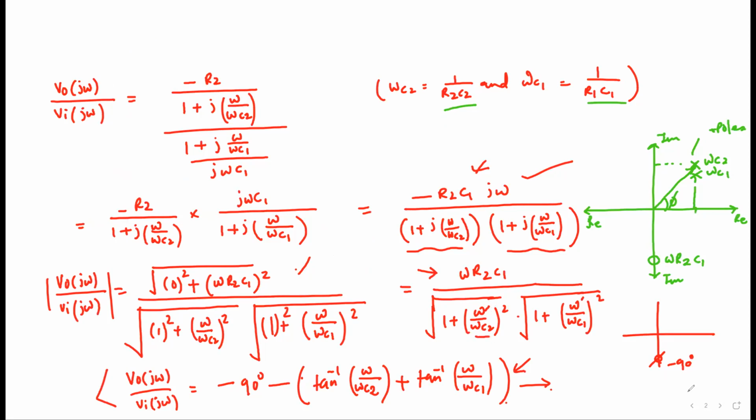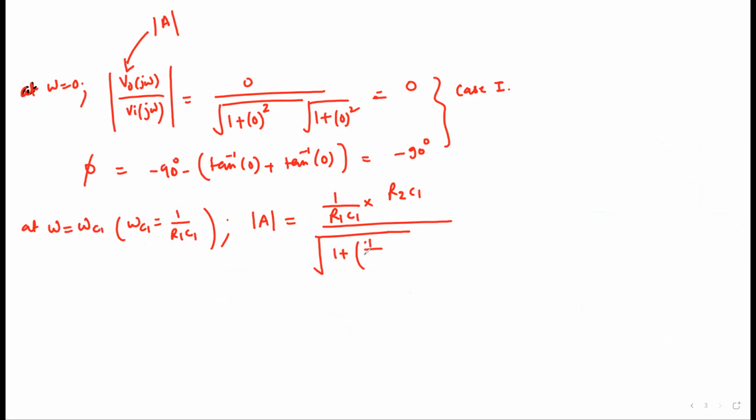So we write 1 over R1 C1 divided by 1 over R2 C2. So omega C2 is 1 over R2 times C2, okay? Can we write it this way? R2 C2 by 1.